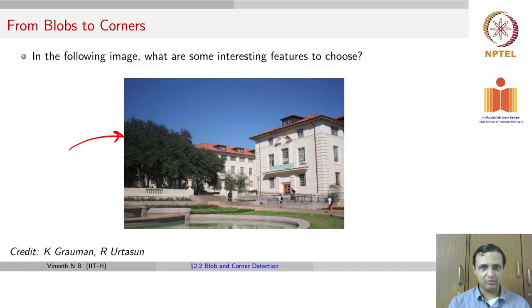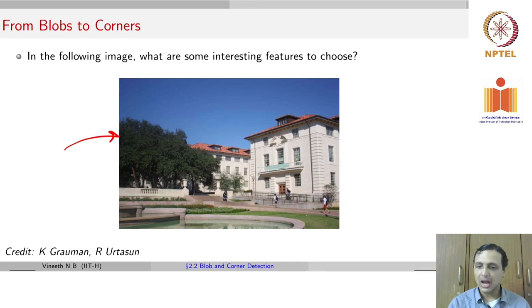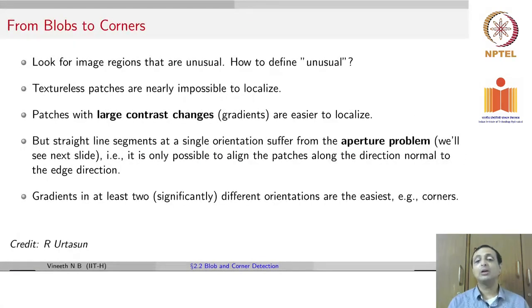What would be interesting features that set apart this image from any other image? Remember that if we want to do any processing, we want to be able to extract some unique elements of the image. So what are those unique elements in this image? And we're going to say that those are going to be your corners. Okay, but let's try to go there. We ideally want to look for image regions that are unusual.